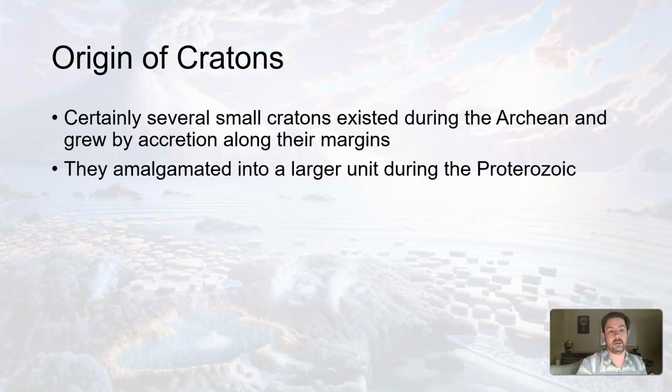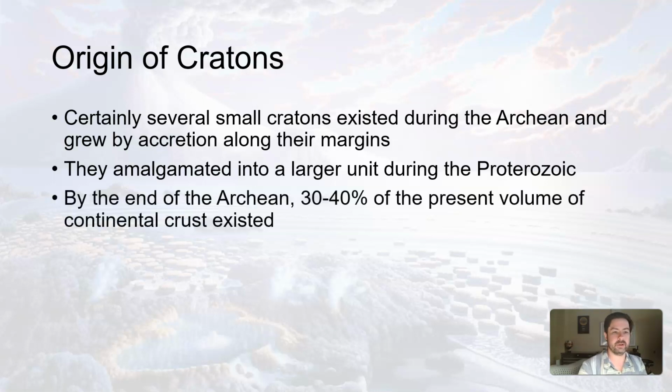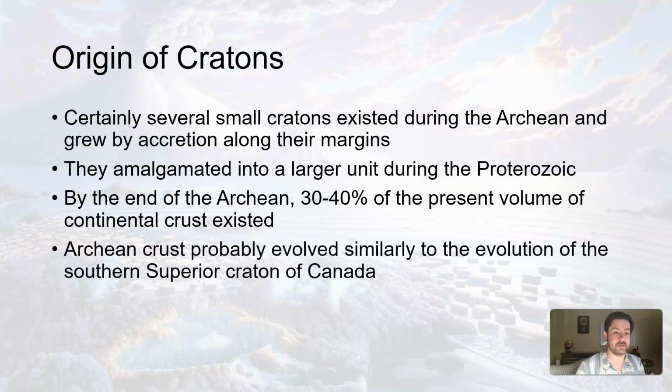So all of these craton formations are occurring in the Precambrian. But by the end of the Archean, about 2.5 billion years ago, 30 to 40% of the present volume of continental crust existed. So almost half of all the continental crust existed by 2.5 billion years ago.